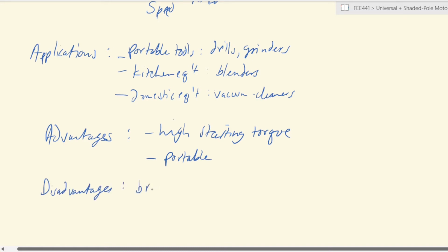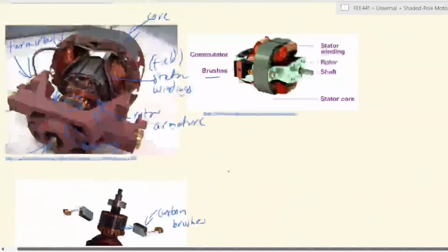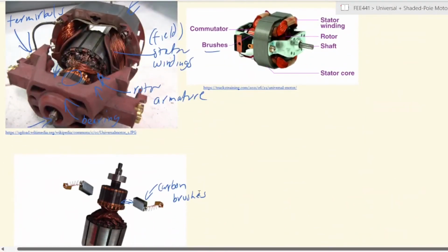include, of course, it has brushes, and any brush, any mechanical element will generally be subject to wear and tear. So these will have to be maintained and kept in good working condition. You generally have to regularly replace carbon brushes as they do wear out.